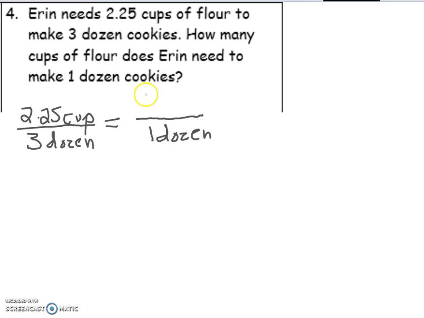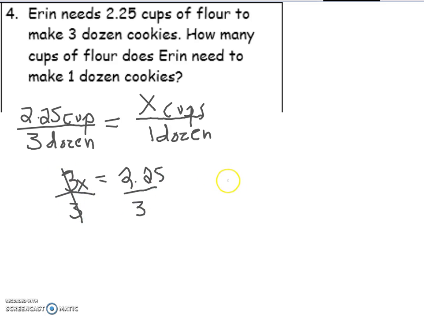So we can do the cross product rule. 1 times 2.25 is 2.25. And then we're going to divide by 3. So when I divide both sides by 3, this cancels out. 2.25 divided by 3 is going to go in there 7 times.